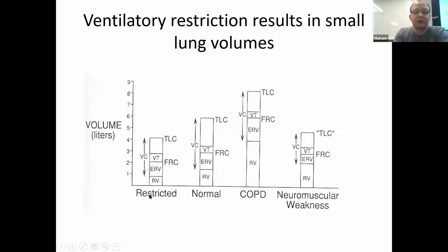For folks with restriction, you have a lower total lung capacity, and as a result your vital capacity is also restricted. These patients tend to have similar expiratory reserve volume and tidal volume to patients with normal lung physiology, though they have smaller residual volumes and a smaller inspiratory volume that they can take in with effort.